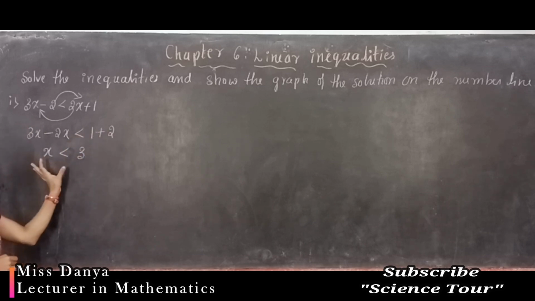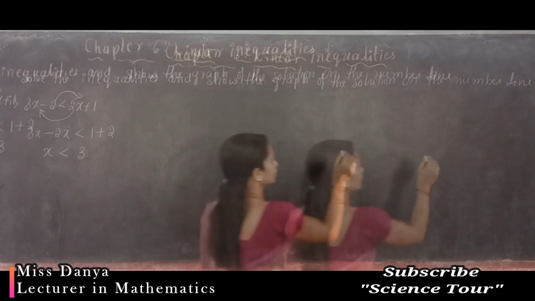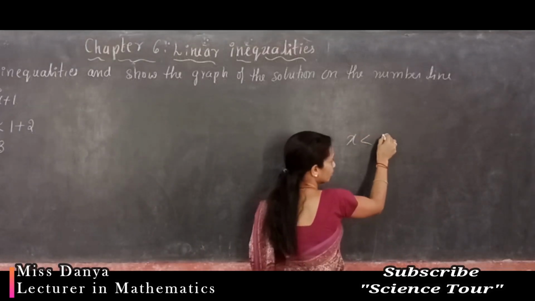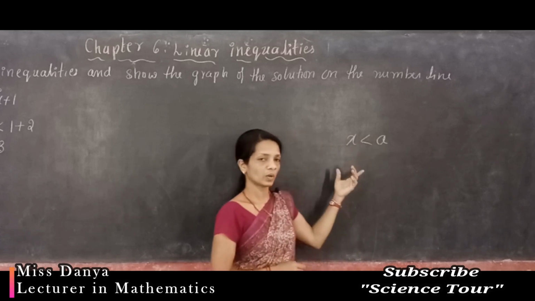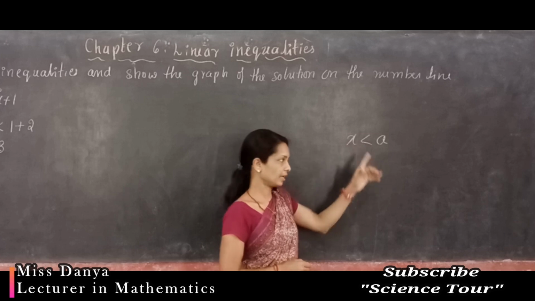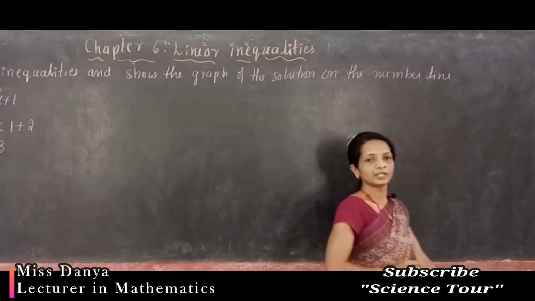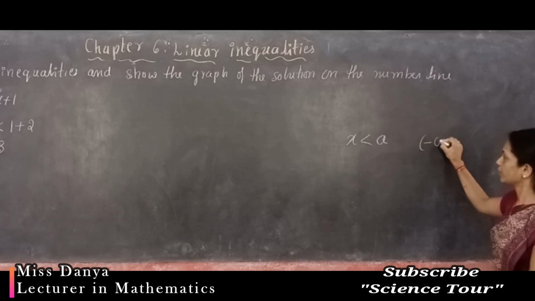Always, while simplifying any inequality, if you get x less than some number, for example I take in general a, suppose at the end of simplification you get x less than a, then in the interval form of the solution, the first number will be -infinity.